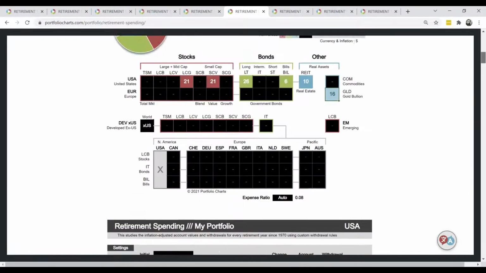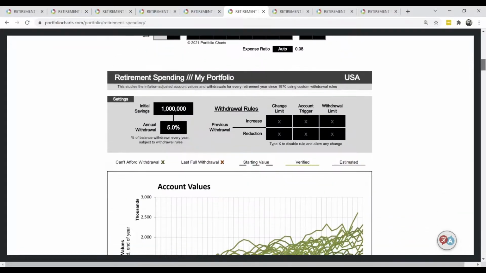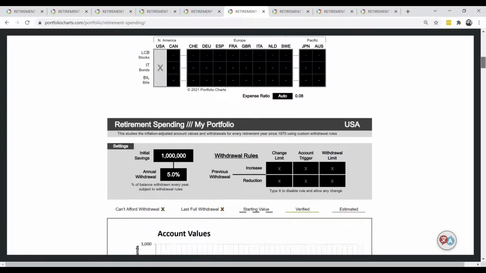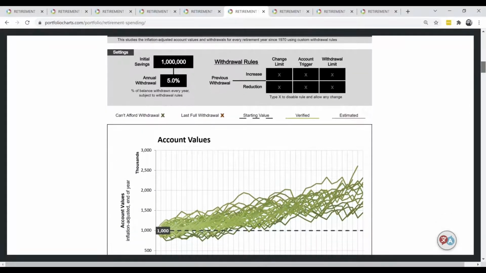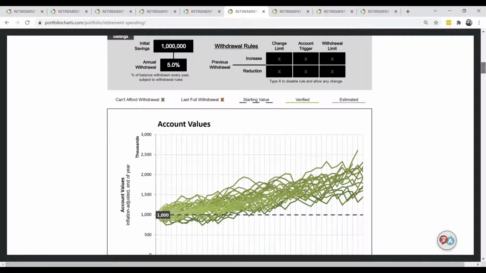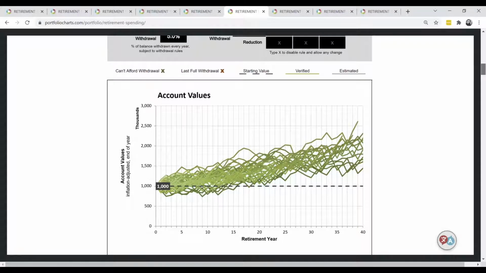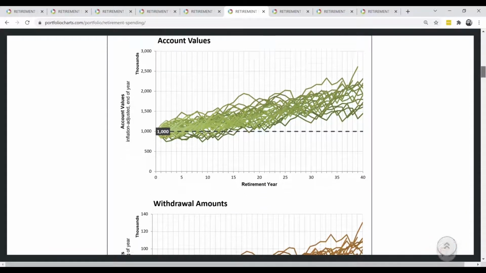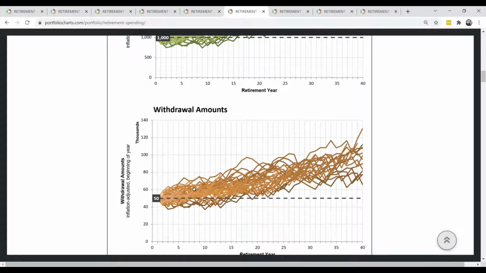Now here we have the golden ratio portfolio, and you can see what it is there. At a 5% withdrawal rate, this is a constant percentage withdrawal, so it's never going to run out of money here. And you can see how the account values go. And then you can see the withdrawal amounts.